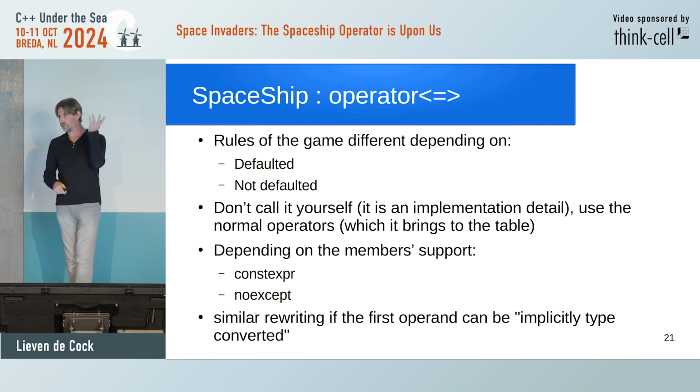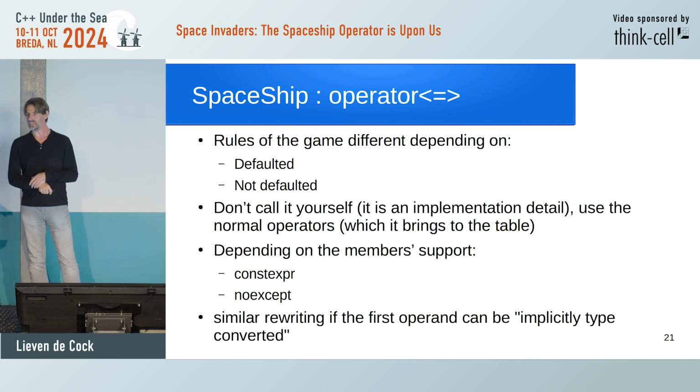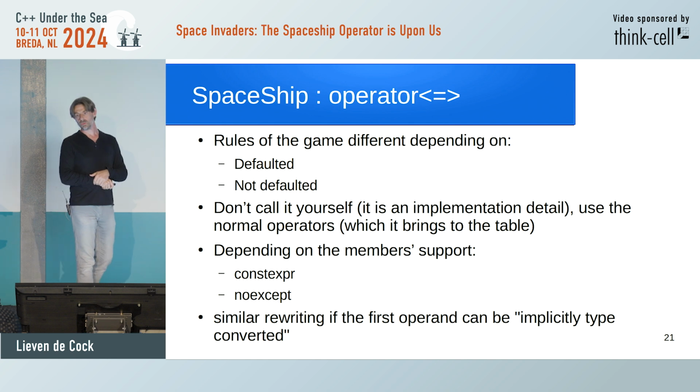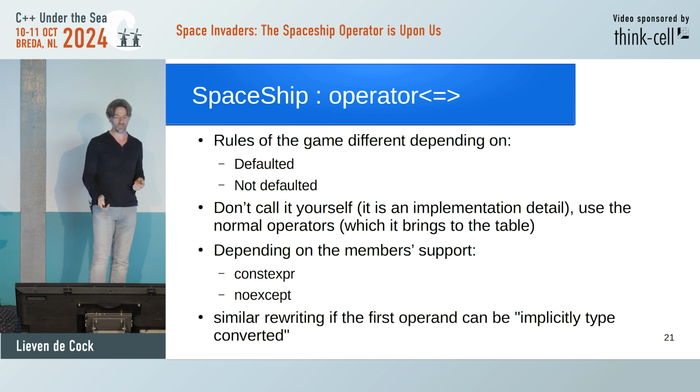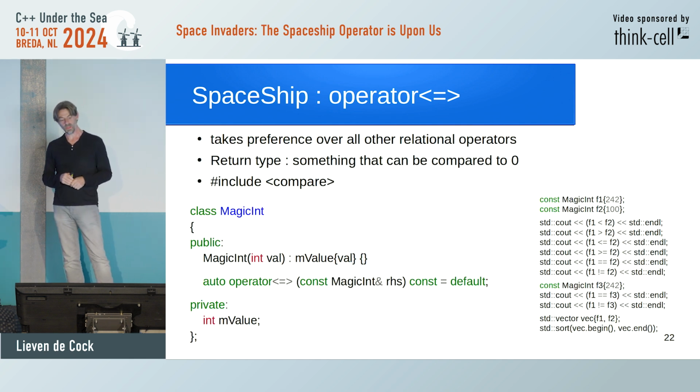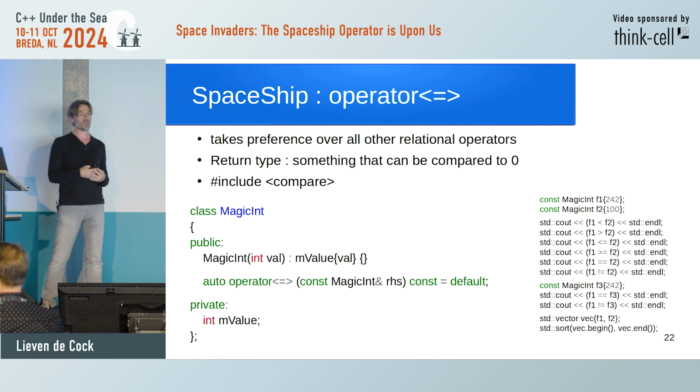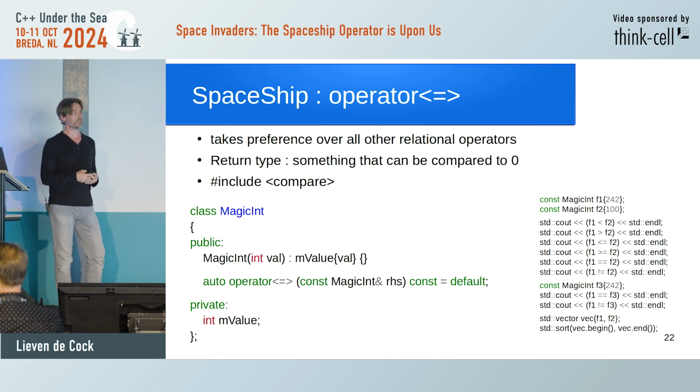So even if you don't think about it and the compiler sees, yep, this is perfectly possible, it will do it for you. And the rewriting rules we just saw a while ago will also apply to the spaceship operator. So that's also interesting to know. The spaceship operator has the highest precedence compared to all the other relational operators.